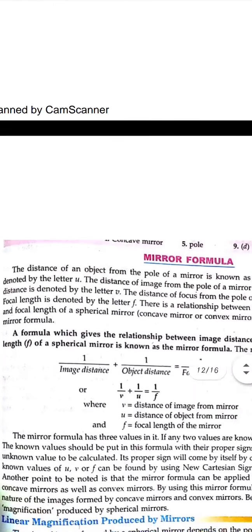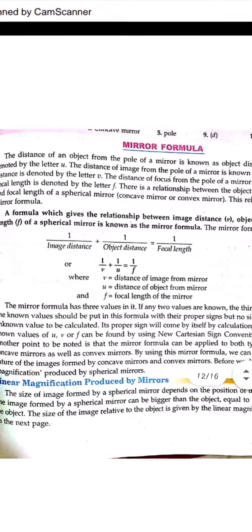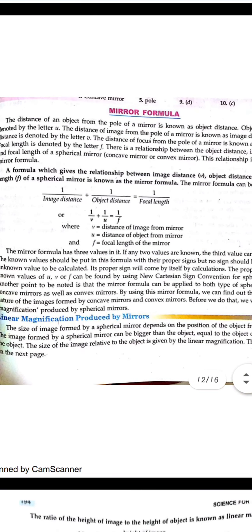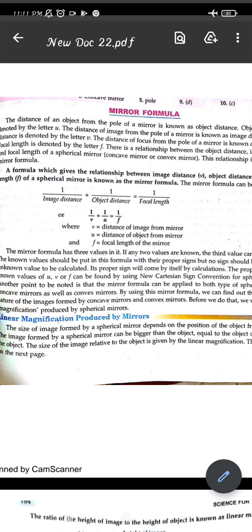Okay, so here we are going to see the mirror formula. This mirror formula gives the relationship between the object distance, image distance and the focal length. Whenever the object is kept, the distance between the pole and the object is said to be the object distance, and this is denoted by the letter u. Similarly, the distance between the image formed and the pole is said to be the image distance, and it is shown with the letter v.